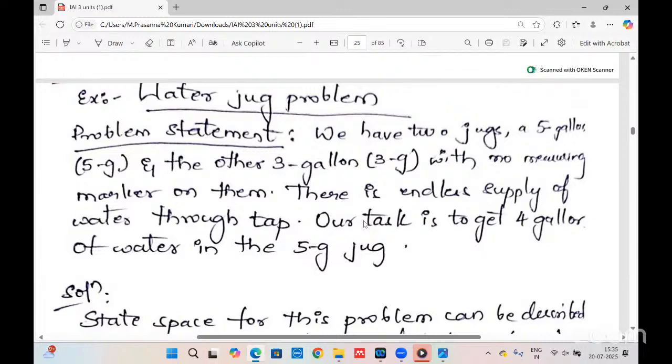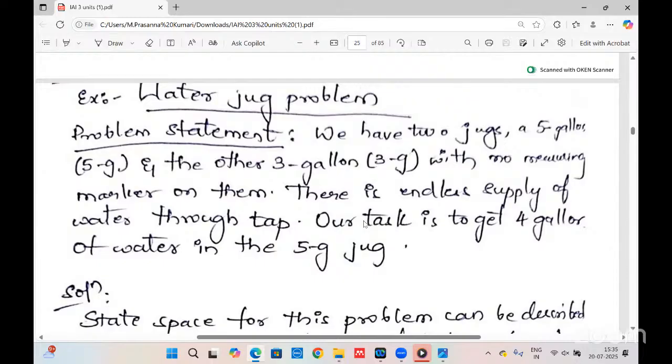Okay, my objective is write down. There is endless supply of water from tap. 3, 4 కదా, 6, 4 కదా.